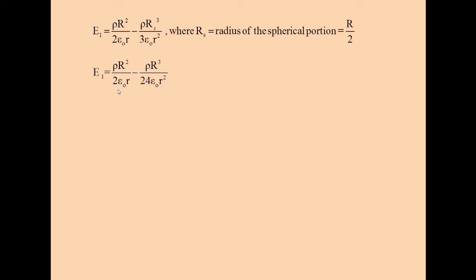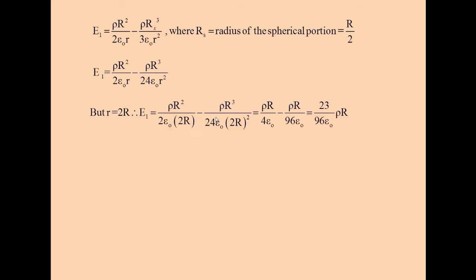So now E1 is rho R squared by 2 epsilon naught r minus rho R cube by 24 epsilon naught r squared, because for rs, R by 2 has been substituted. So rs is R by 2, rs cube is R cube by 8. That 8 multiplied by this 3 will give you 24. This epsilon naught r squared is as it is. But small r, you will have to substitute as 2 capital R.